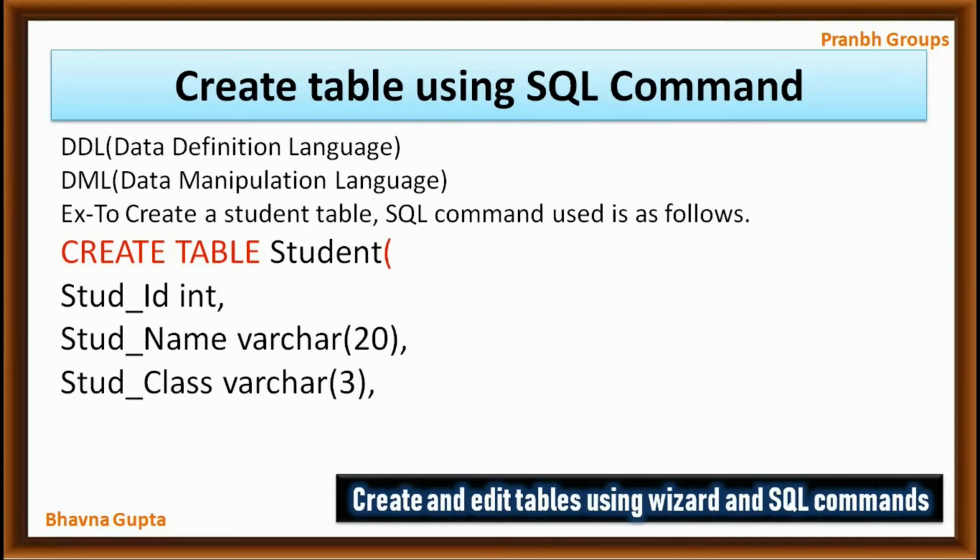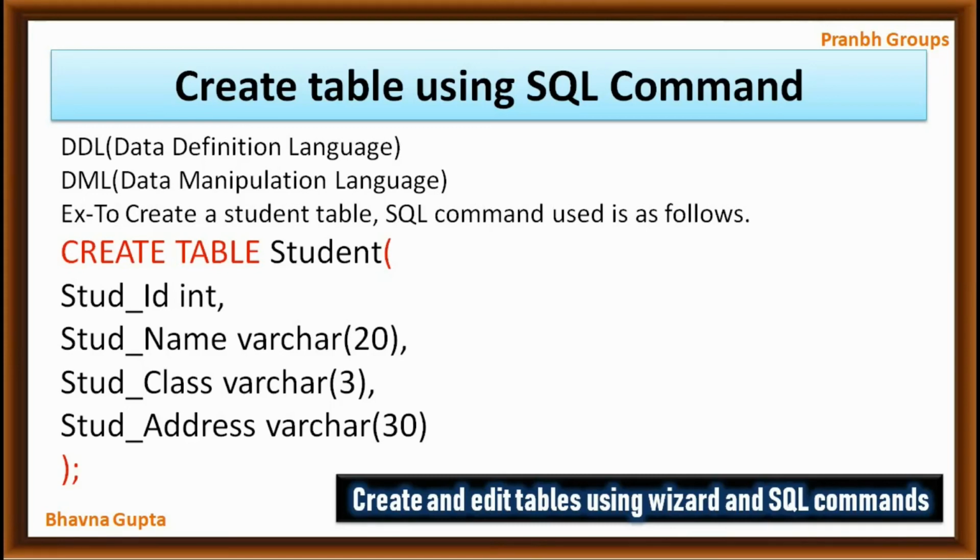And third field name is student class, data type varchar, length is 3. And fourth field name is student address, data type varchar, length is 30. And after completing the field name and data type, close the bracket and enter the semicolon. This is a method for creating a table using the SQL command.